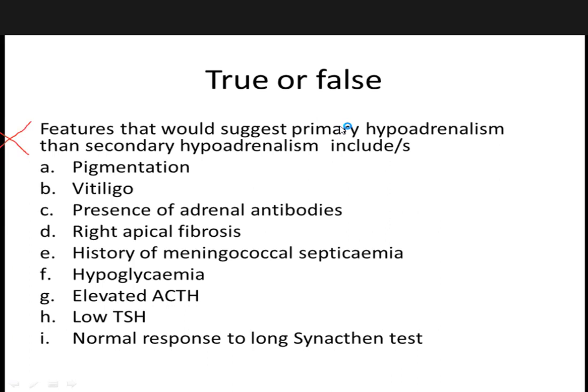Pigmentation is true. Pigmentation, true or false? True.